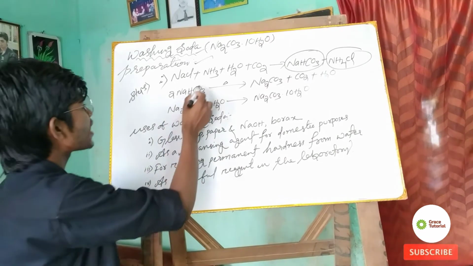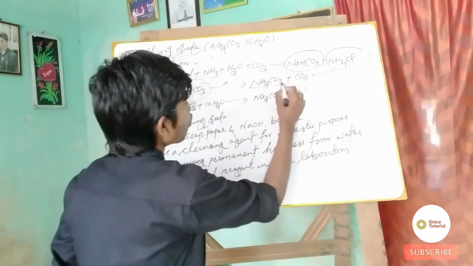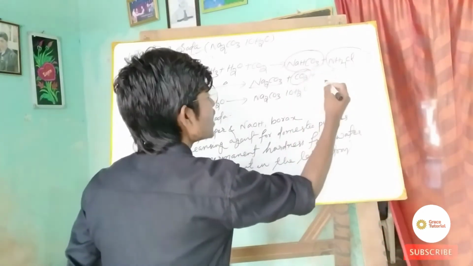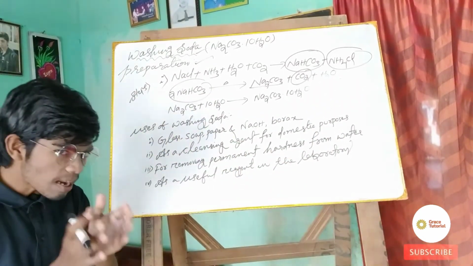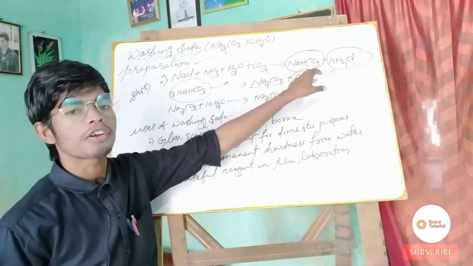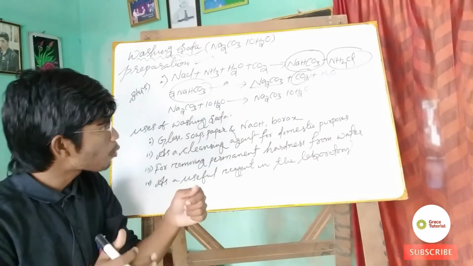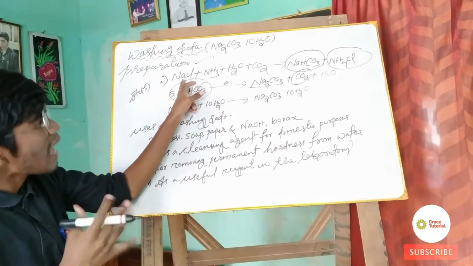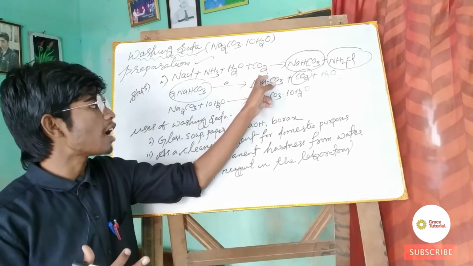When the sodium bicarbonate is heated, we get sodium carbonate with the liberation of carbon dioxide gas and water. That is step number 2. And in step number 1, we considered the formation of sodium bicarbonate, which is formed by the reaction of sodium chloride, ammonia, water and carbon dioxide.